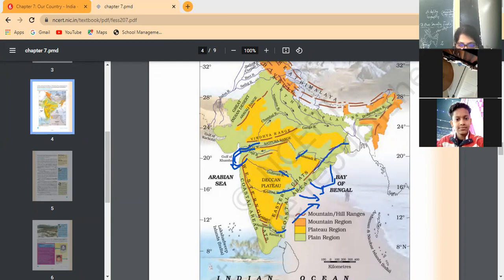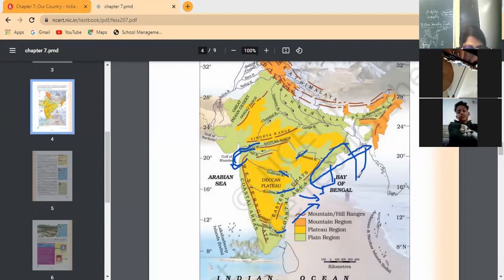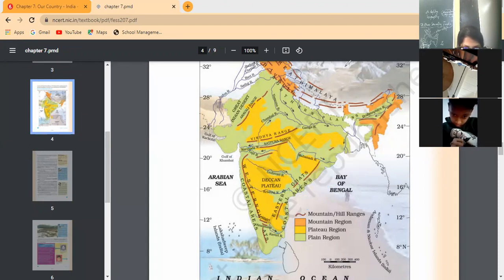Here you can see the delta. This is the Sundarban delta, where the Ganga Brahmaputra drain into the Bay of Bengal. I hope it is understood by all.